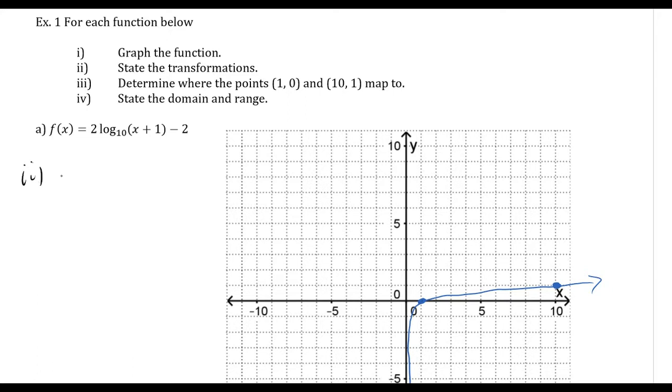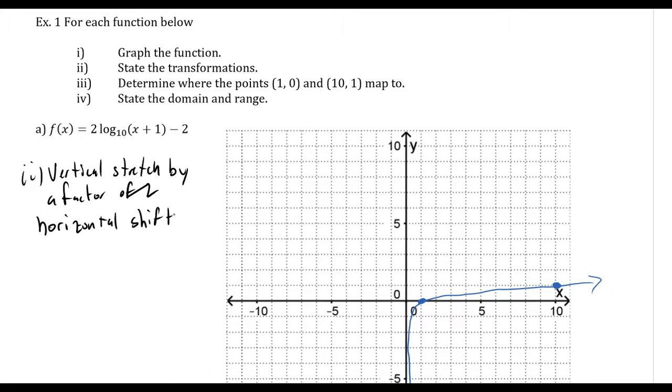So we have a vertical stretch. It's been a while since we've done this. By a factor of 2. We have a horizontal shift. That's left 1.